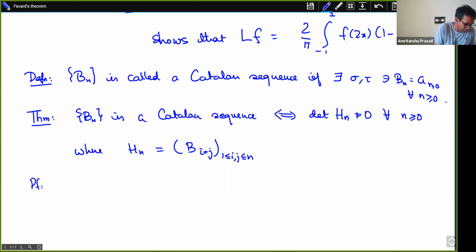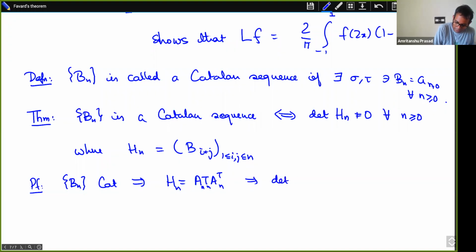And the proof, well, firstly, if Bn is a Catalan sequence, then we know that H is equal to A transpose. And so Hn satisfies a sort of truncated version of this. But since these are unitriangular matrices and these are non-zero, this implies that the determinant of Hn is not equal to 0. So that one way is easy.